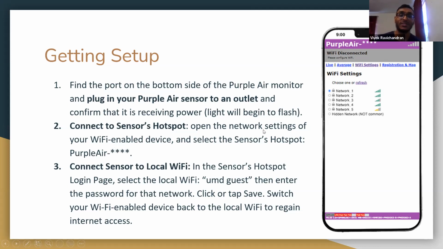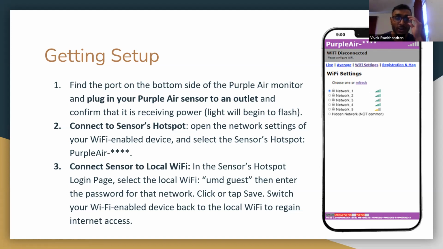It's a pretty complicated process, but essentially, for example, we at the University of Maryland will select our local Wi-Fi, which is UMD Guest, but you will log into whatever your specific local Wi-Fi is. Once you do that, the Purple Air monitor will start to depict your data on this screen over here. This will go away, and then it'll show the PM2.5 live. So this is live data.